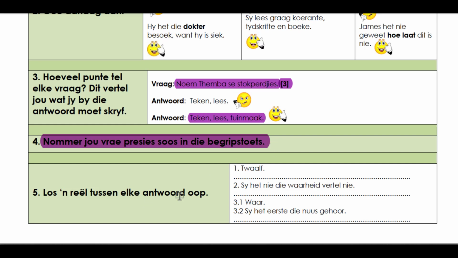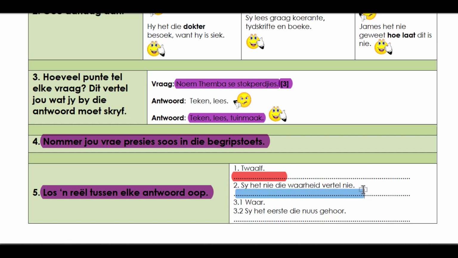Los 'n reël tussen elke antwoord oop. This is something that I notice a lot of you forget. Please remember to leave a line open after every answer. So ons gaan byvoorbeeld ons eerste vraag beantwoord, dan gaan ons 'n reël ooplaat. Okay, kan julle sien, daar het ek my reeltjie oopgelaat. Dan gaan ek nommer 2 beantwoord, 'n reël ooplaat.